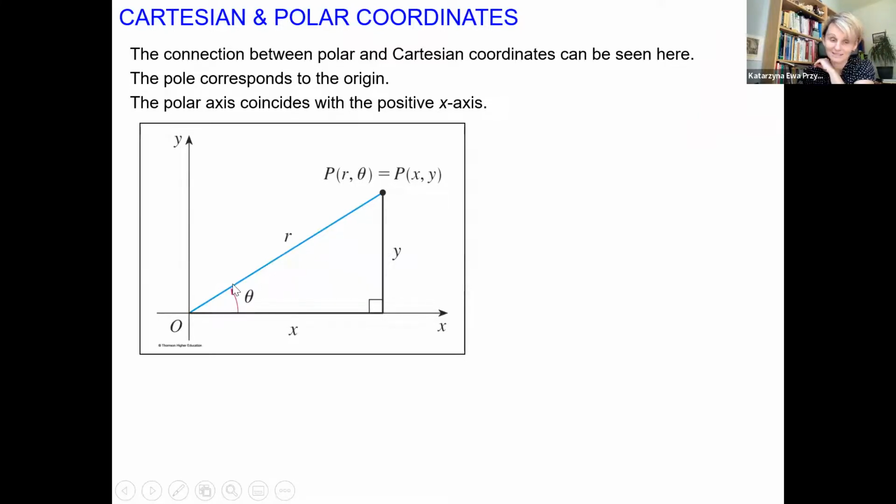R is the blue distance from the origin, and the blue ray has a certain angle. We know how to measure the angle theta from the positive part of the x-axis. And then we have a beautiful right triangle.